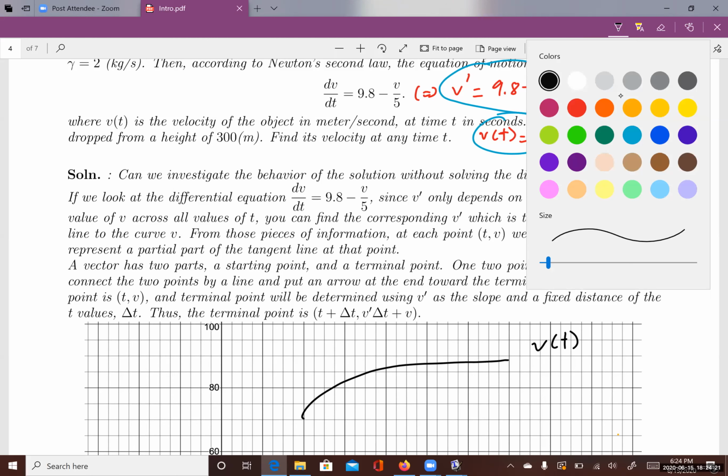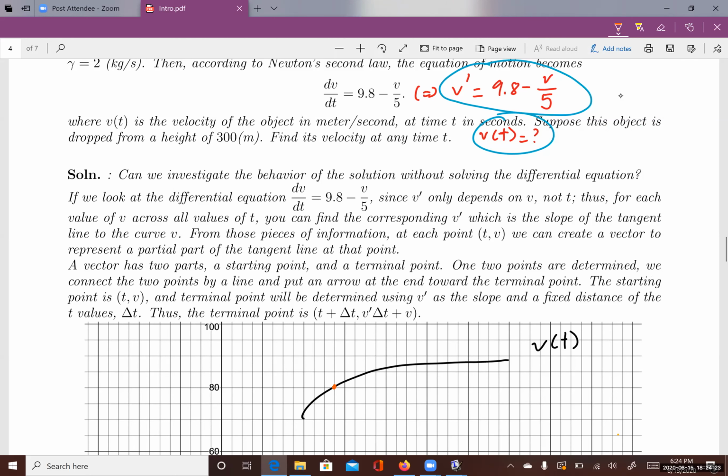And if I pick a point on this curve right here, let's say (t0, v0), from this point, I can draw a tangent line to this curve at this point (t0, v0).